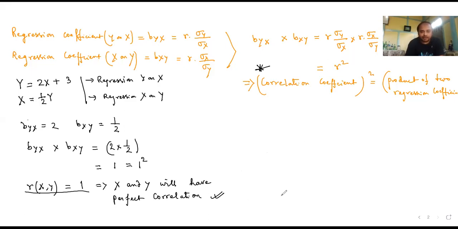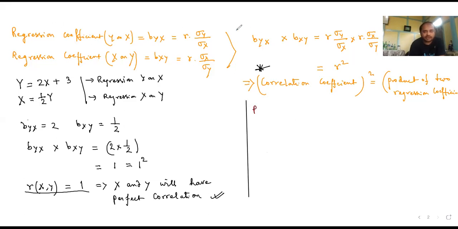The second property that I'm going to write over here is as follows. Let us write the property.